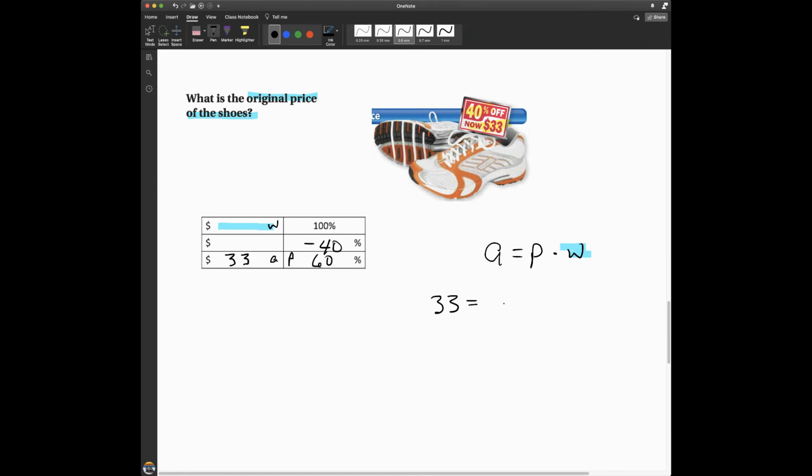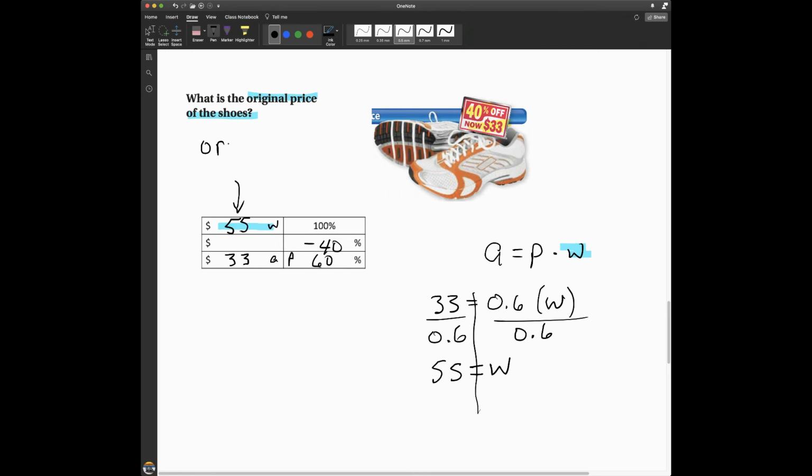And we just plug it into the formula, okay? 33 equals the percent written as a decimal times W. Divide both sides by 0.6. And then in our calculator, 33 divided by 0.6 gives us the value 55. So the whole is 55. So the original price, what would go in here, would be $55.